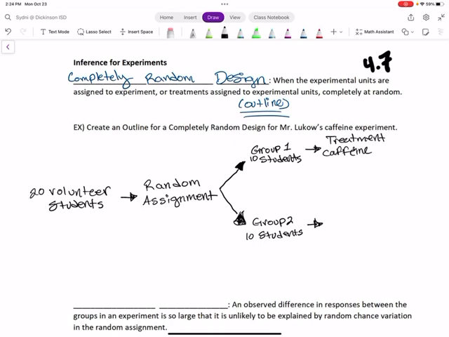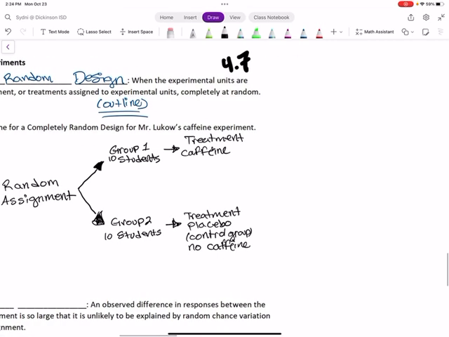In the other group, the treatment they will be receiving is the placebo, because they're going to be the control group. They get no caffeine. They are sad. But they don't know, because I'm pretty sure he's doing a single blind experiment.